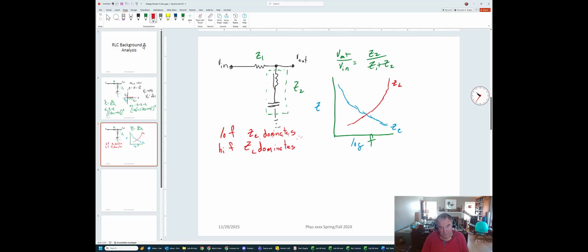But in both cases, Z2 is greater than Z1, so V out over V in approaches 1 as F goes to 0.